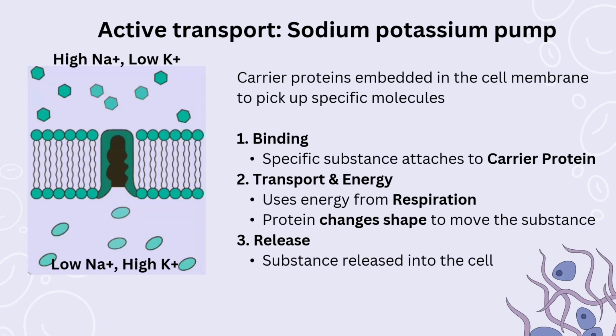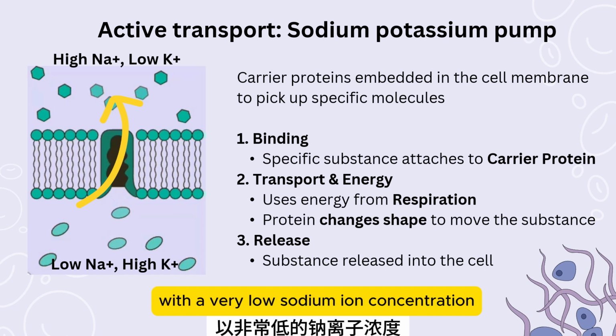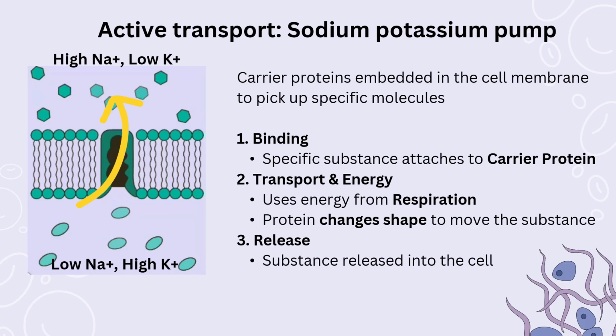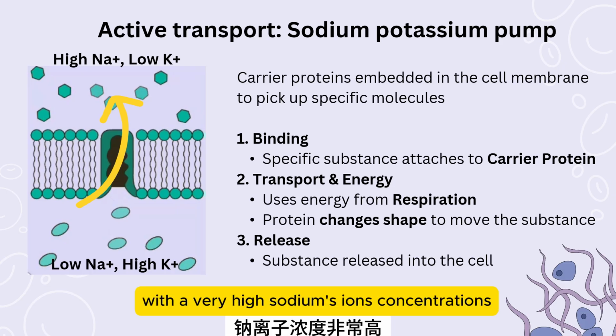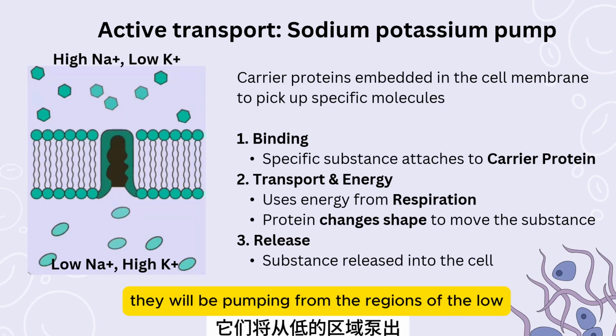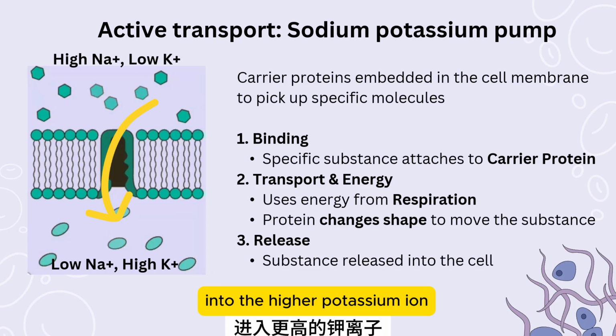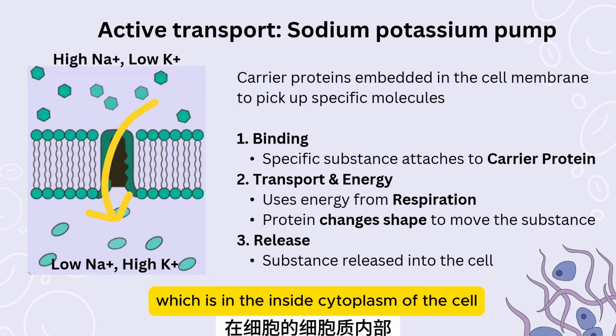Basically, the sodium ions are pumped from inside, with a very low sodium ion concentration, to the outside with a very high sodium ion concentration. And the potassium ions are pumped from the region of low potassium ion concentration, which is outside of the cell, into the higher potassium ion concentration, which is inside the cytoplasm of the cell.